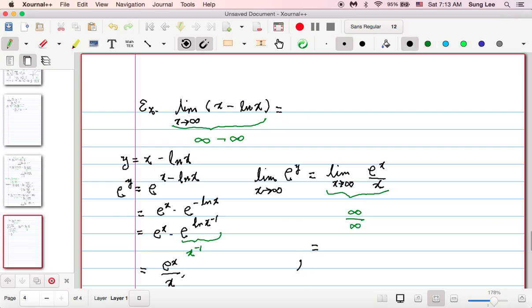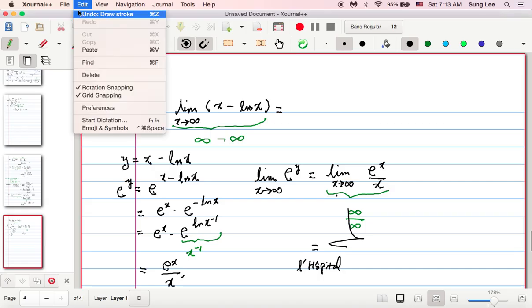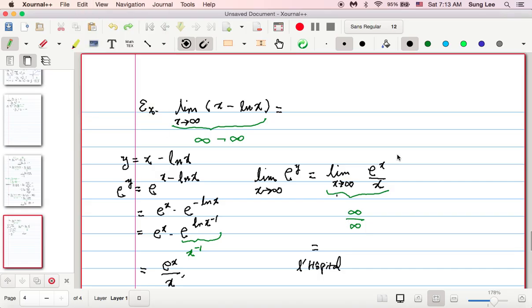By L'Hopital, that's the limit as x goes to infinity. The derivative of e to the x is e to the x, and the derivative of x is 1. So what happens? This is going to be infinity, right?